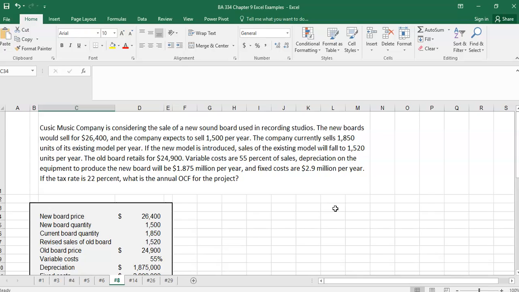So when we look for the cash flows, we have to take into consideration that we're going to lose sales from our current board. We have all of this information about the project, the cost, the cash flows, and we're going to calculate what our annual operating cash flow is for this project.